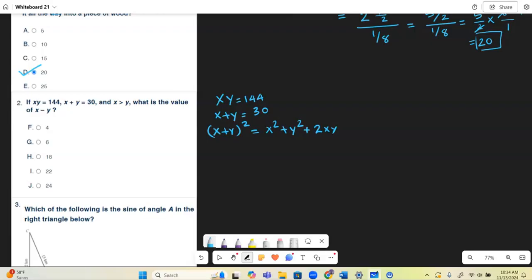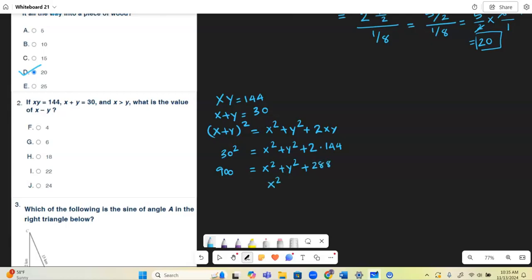Here we know x plus y is 30. So this is 30 square equal to x square plus y square plus 2 times xy, which is 144. 30 square is 900 equal to x square plus y square plus 2 times 144, which is 288.